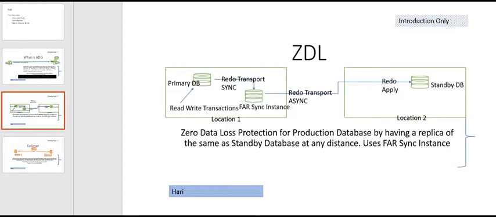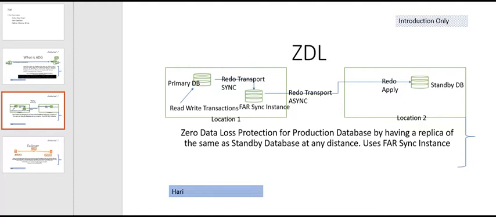The far sync instance sends that redo to the standby database in async, which means it won't get any acknowledgement. It simply sends the redo to the standby database. This functionality helps the primary database to transport logs in sync and keep itself alive.